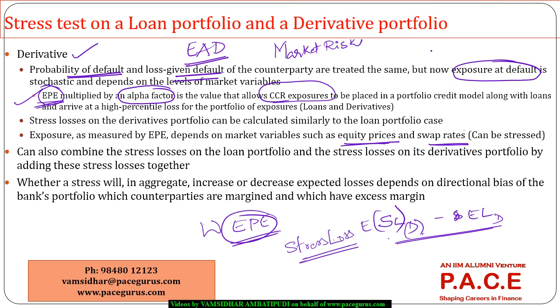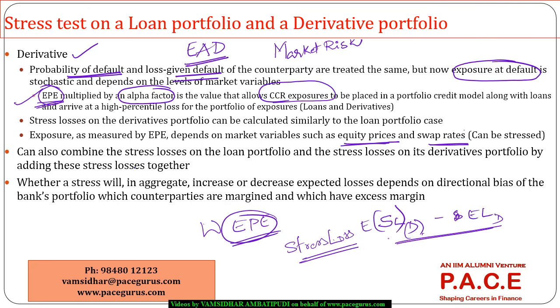Exposure at default will be changing, and based on that I could have a completely different number for my expected stress loss. So that is where the stressing can come out by changing the market variables in this example.